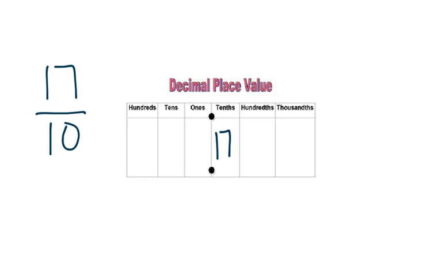We know that, I'm going to go ahead and erase this. We know that we can put the 7 here and the 1 here, as long as the 7 lands in the tenths column, and we would need to drop the decimal in there. So our answer would be 1 7/10. So that's one way to think about it.